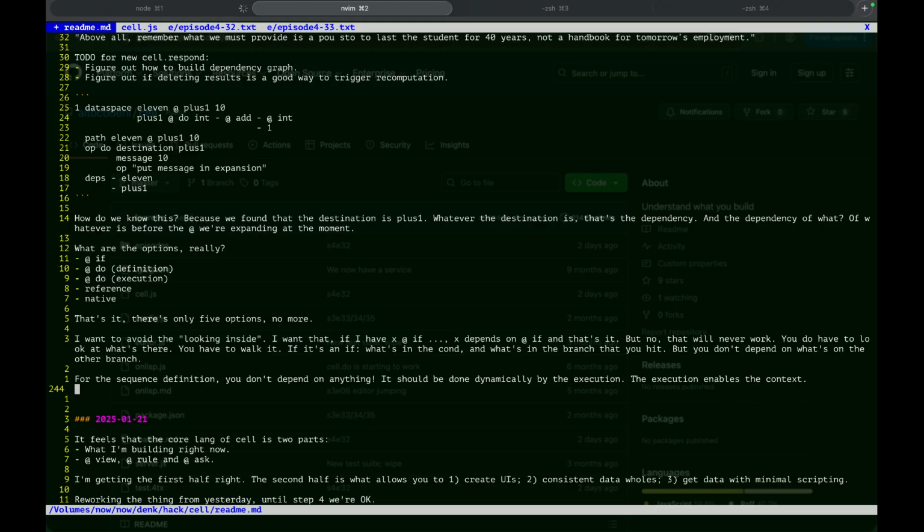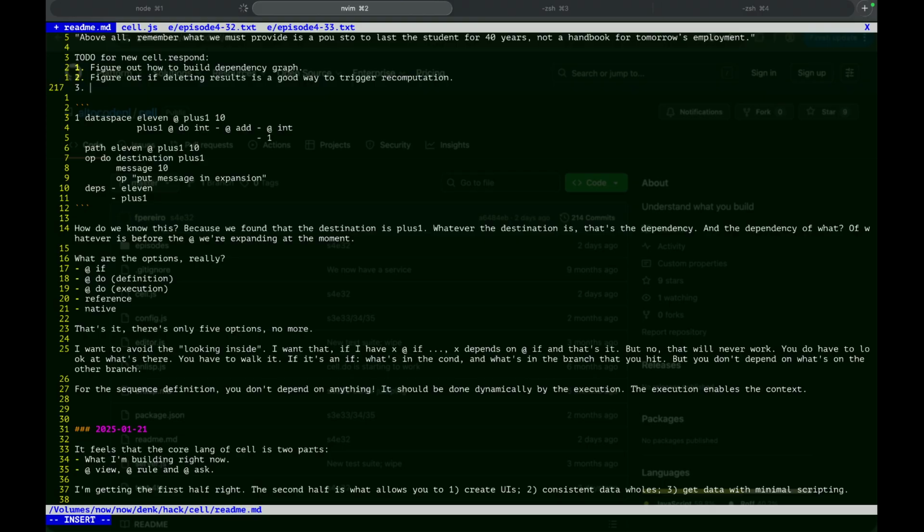No, I'm forgetting something very important at the top. It's not just about those 2 points, but the third one is how do we recompute dependencies when things change? Do we also delete the dependencies and recreate them anew?